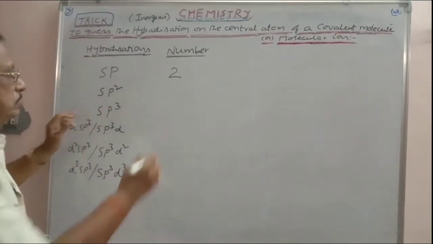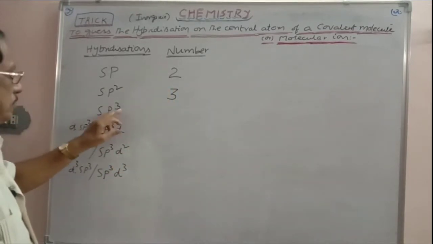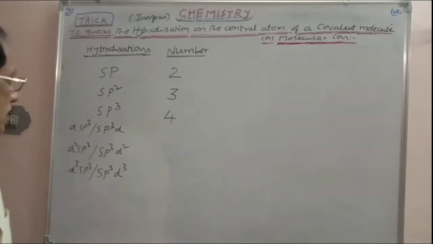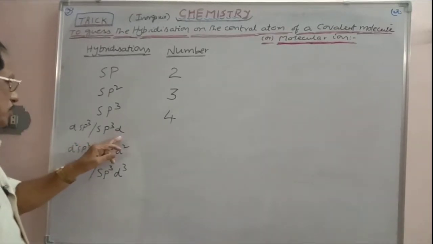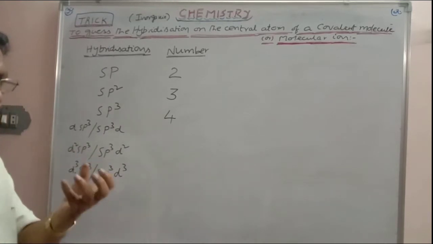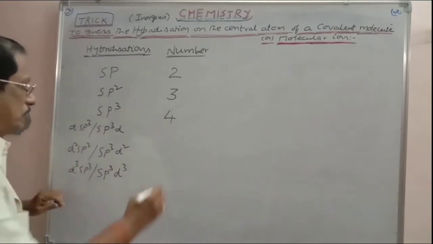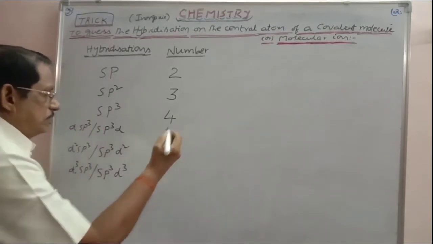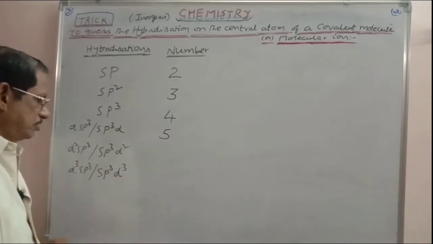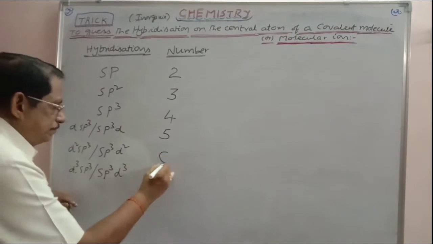sp2: 1 plus 2, there will be 3. sp3: 1 plus 3, there will be 4 orbitals involved in this hybridization. In the case of sp3d, 1 plus 3 plus 1, totally there are 5 orbitals involved. In this case the d orbital is also involved, of course. sp3d2: 1 plus 3 plus 2, that is equal to 6.